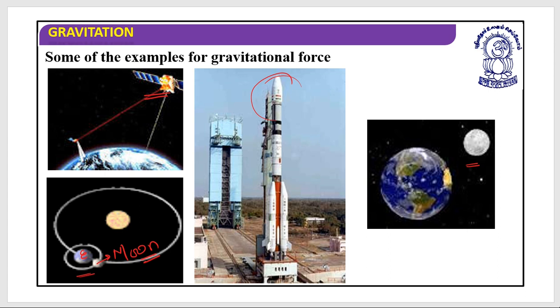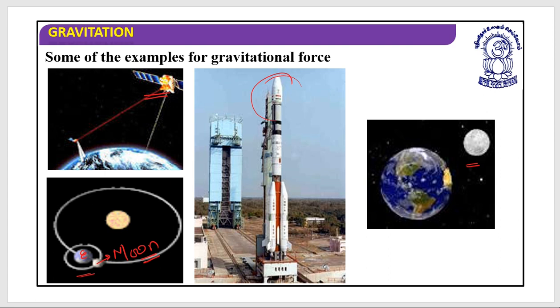So gravitational force has a wide range of applications, but its basics are the same: it is always an attractive force in nature. It is going to attract every time, and it has many different applications.